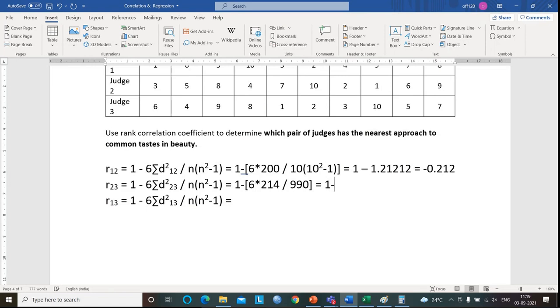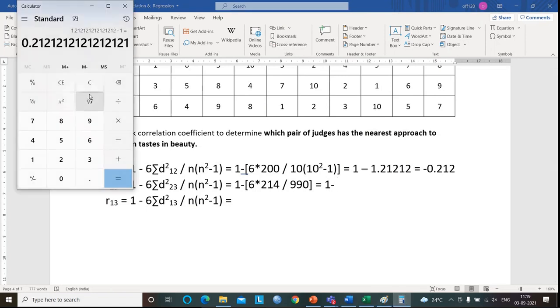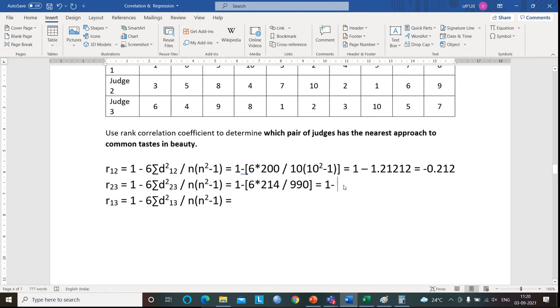So we get 1 minus 6 into 214, which is 1284 divided by 990. So the answer is 1.2969. Once we subtract it, we get minus 0.2969 as the answer.